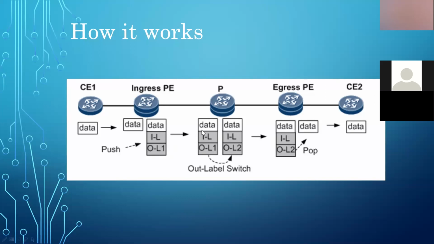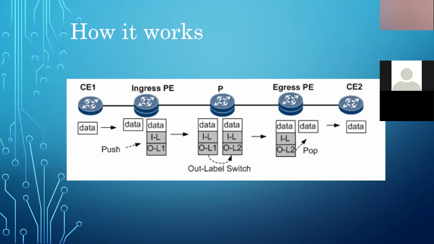The P router will see the packet and swap the label. As you can see, OL1 will be swapped to OL2. The inner label will not be converted to anything, but outer label 1 will be converted to outer label 2. This is called label switching, and it will be forwarded.